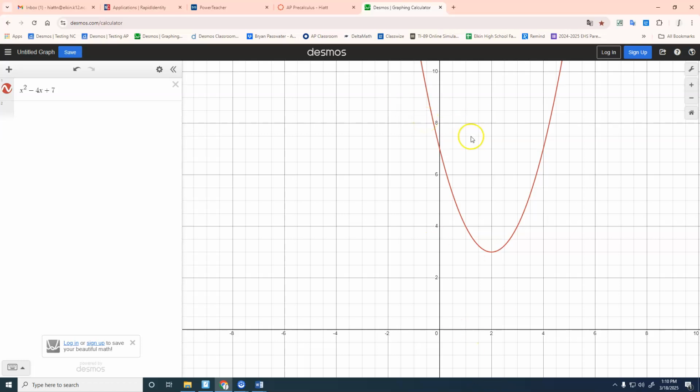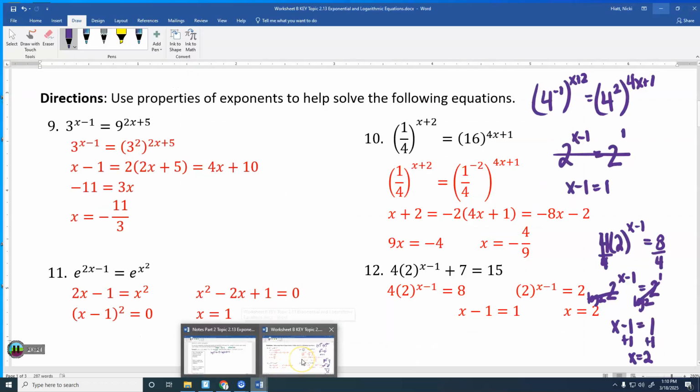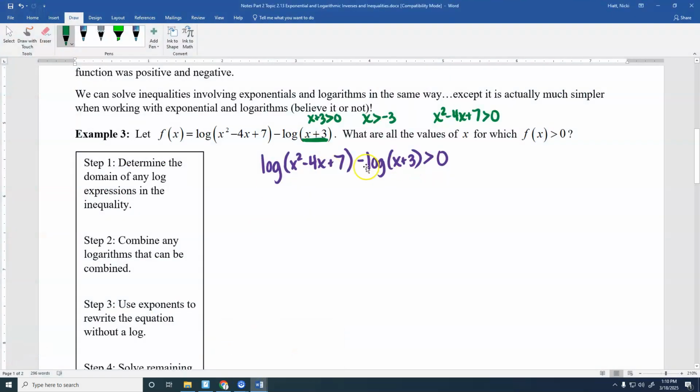It is not. It's above the x-axis the whole time. So in this case, this is just always true. So I don't have to do anything special. Tomorrow we'll look at how we can do that without graphing it, but we don't have time to do that today.